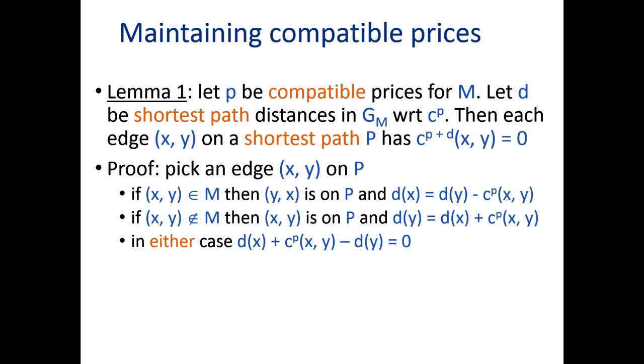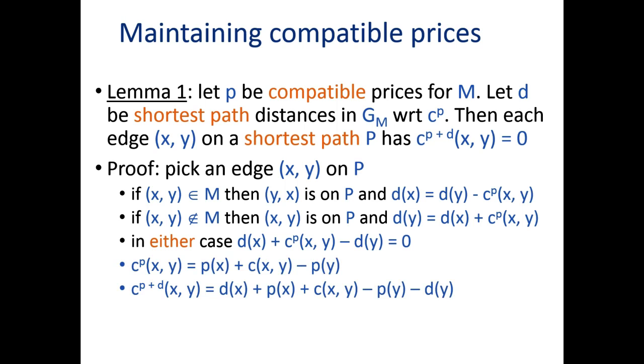In both cases, you can reorder the terms so that you have this nice equality: dx plus cost c_p(XY) minus dy is 0. So all we have to do now is to write down what is c_(p+d)(XY). c_(p+d)(XY) is this: the price of X under p plus d, plus the true cost, minus the price of Y under p plus d.